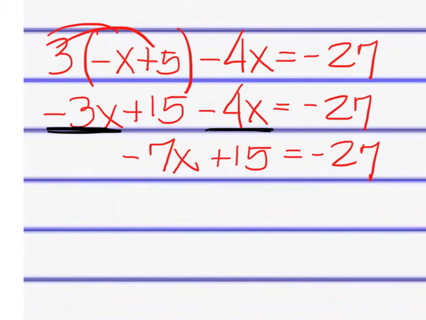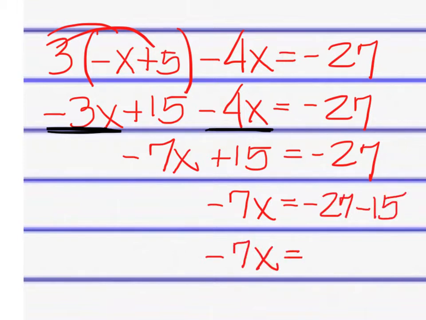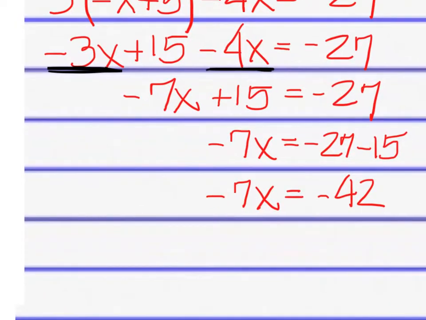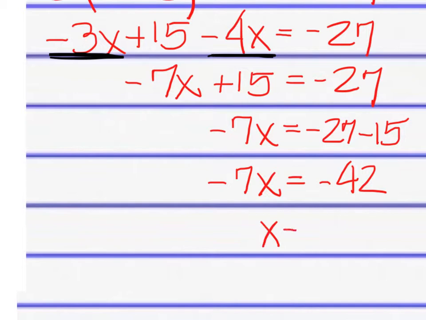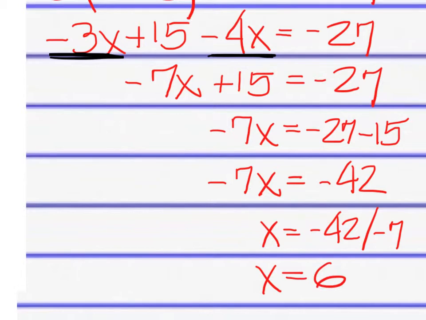Now move that plus 15 to the right side and make it minus 15. Simplify the right side to get negative 42. And divide negative 42 by negative 7 to get 6 for x.